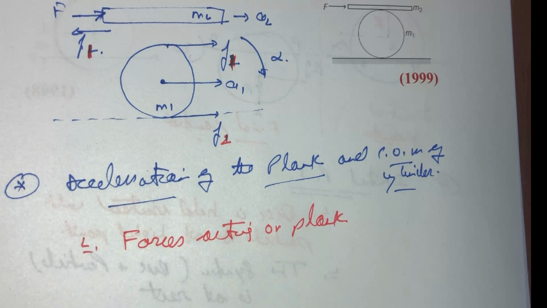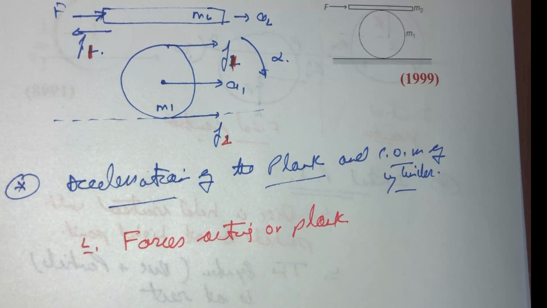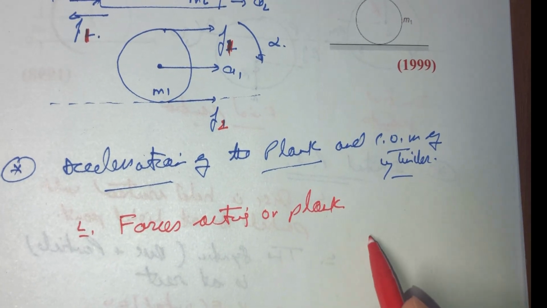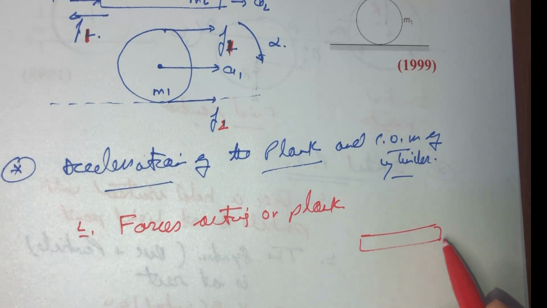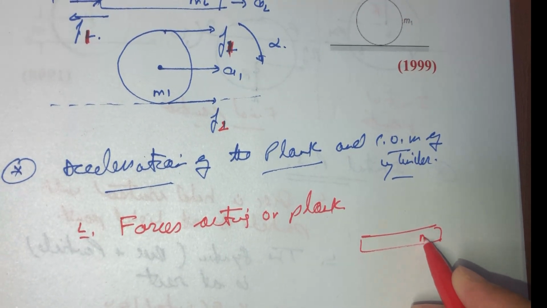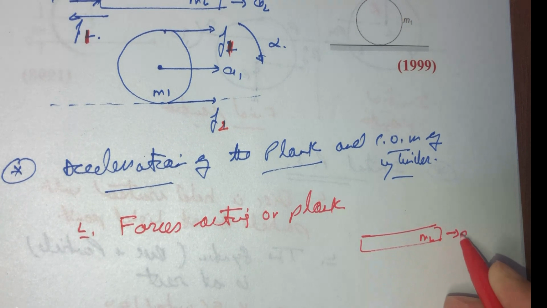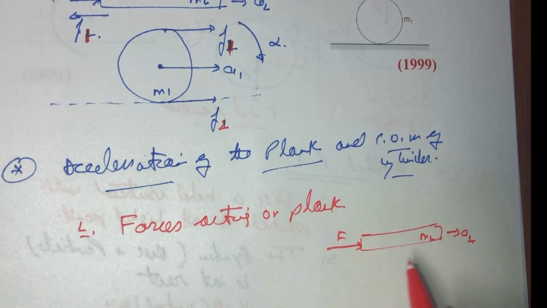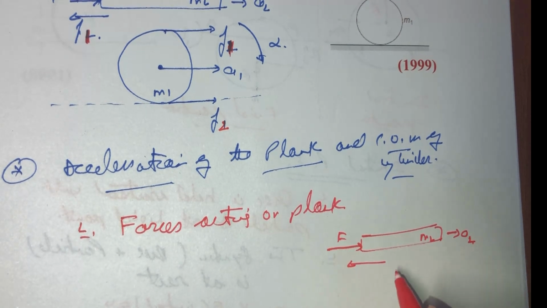We have two forces, one is the applied force and another one is the frictional force. So let me draw the figure here once again. This is a plank, mass m2, moving with acceleration a2, the applied force is F, and we have a frictional force, let us suppose F1.